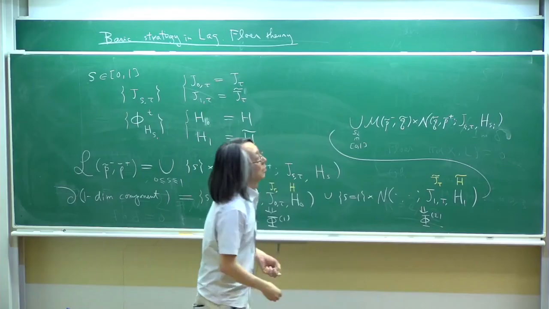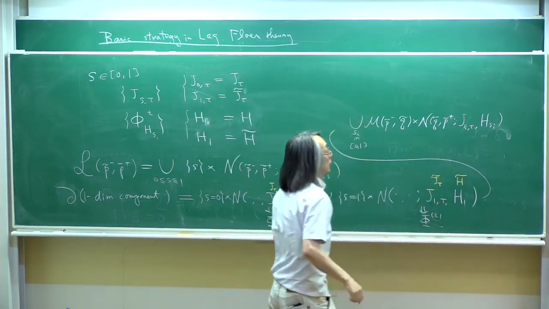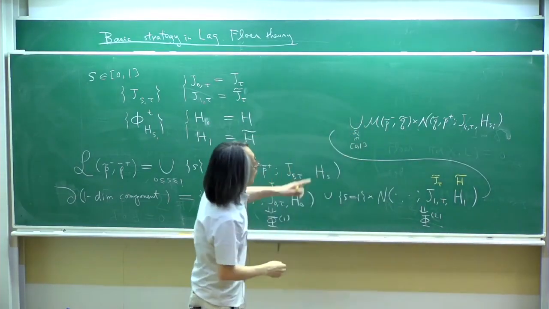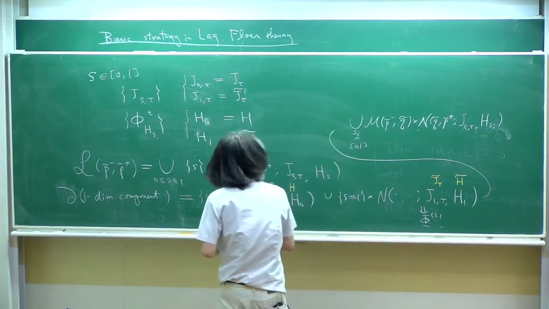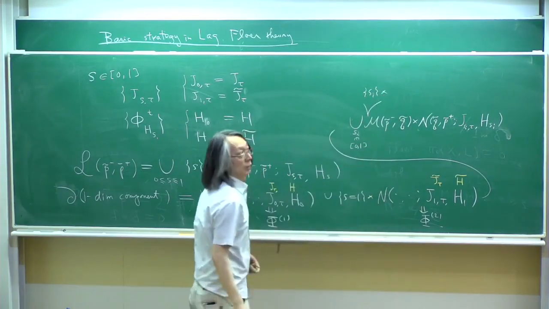Okay. So I have some finitely many times, so that here we have a moduli space corresponding to this S_i, and this. Sorry, I need to put one more thing, like this.